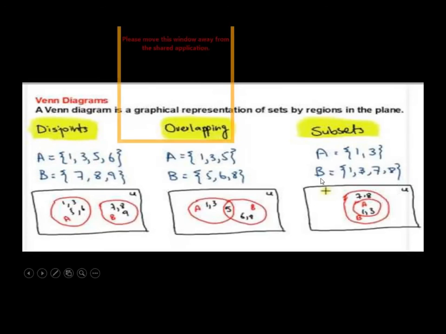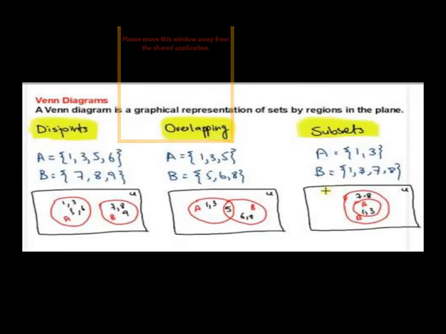Observe it. B equals {1, 3, 7, 8}. This is the larger set and this is also the superset, and from this superset we are forming a subset. A equals {1, 3}. So A has the same elements 1 and 3 which are present in set B as well.